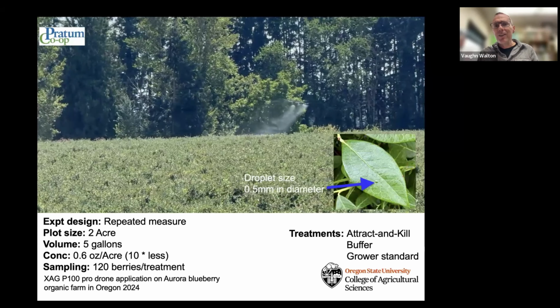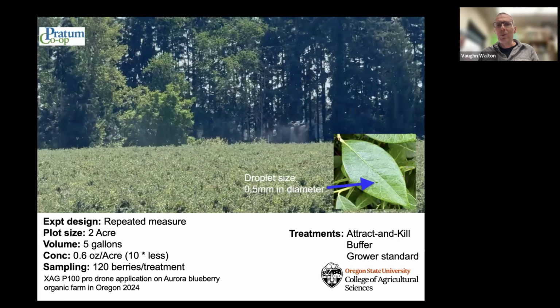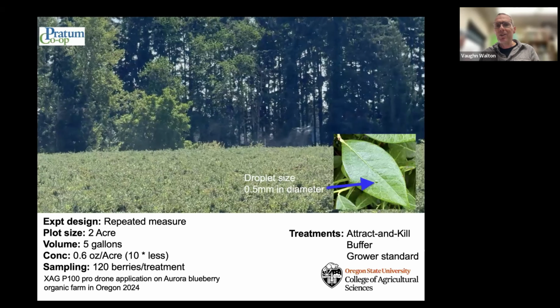Close to the edge on the other side. Automatically stops spraying, goes to the next swath, and then applies in the next swath itself as well. So as it comes back, you'll see it stopping again. There it does it.